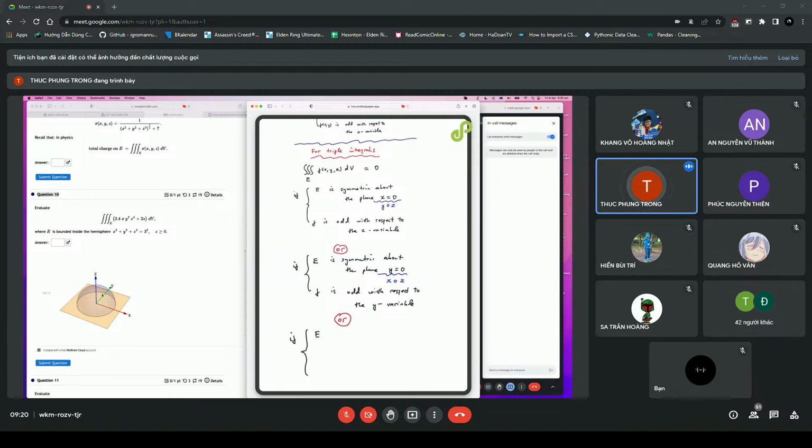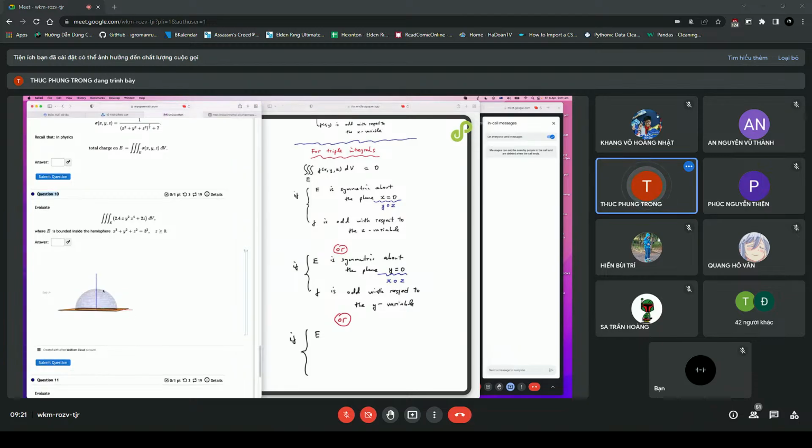So x equals 0 or y equals 0 are all right. But the solid right here is not symmetric about the plane xy, which is z equals 0. It's not symmetric about xy because you don't see anything below, right? But anyway, you may consider the corresponding statements right here, and maybe we can get 0.